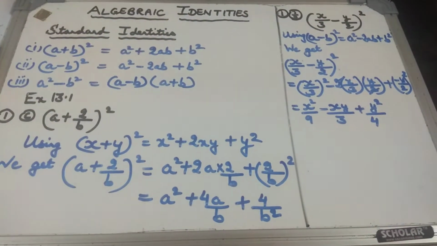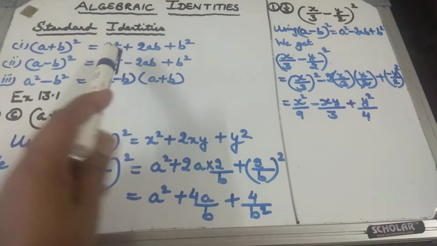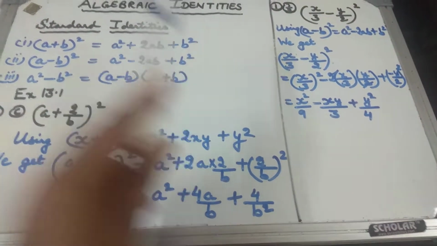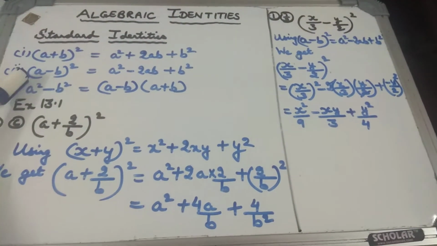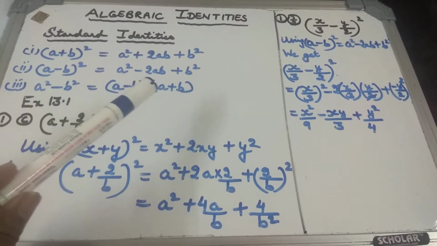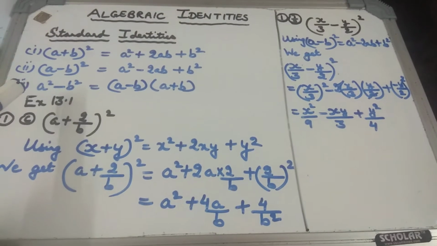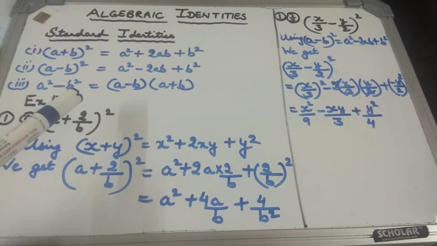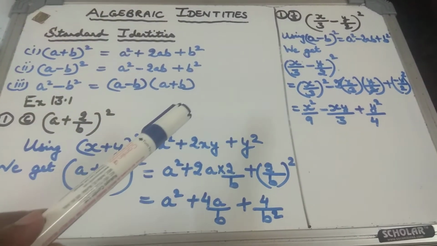First one is (a plus b) whole square equals a square plus twice ab plus b square. The second one is (a minus b) whole square equals a square minus 2ab plus b square. And the third one is a square minus b square equals (a minus b) into (a plus b).